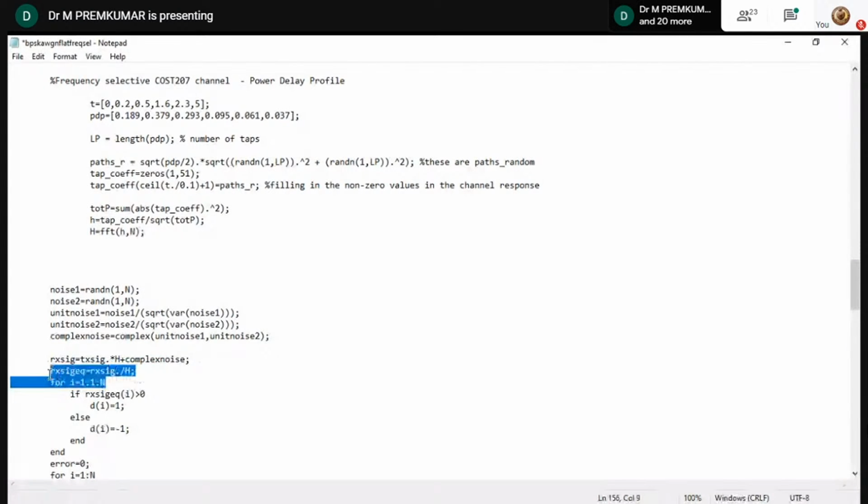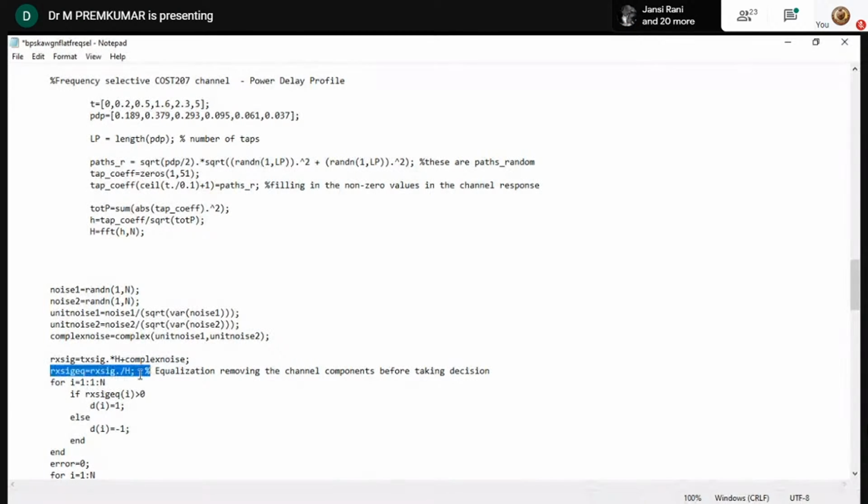Then this particular term is nothing but equalization, removing the channel components before taking the decision. This was also used in the previous program.